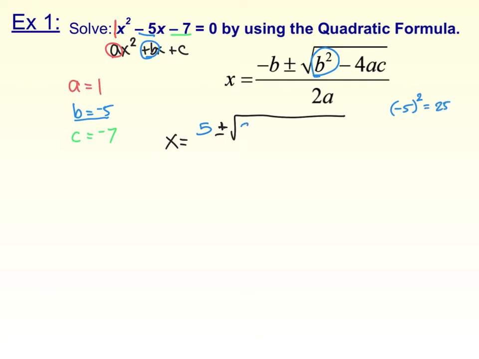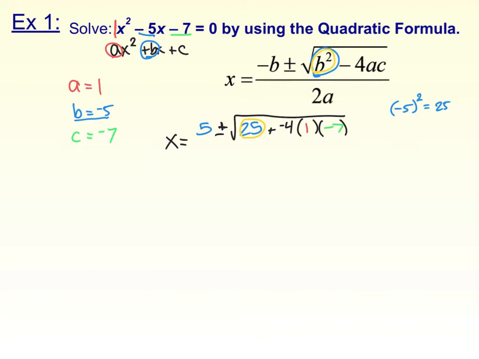So understand that in this position, there will always be a positive number. I have to have a positive number in b squared. Should not be negative. I think it'd be easier to write plus negative 4 multiplied by a, which is 1, and c, which is negative 7.